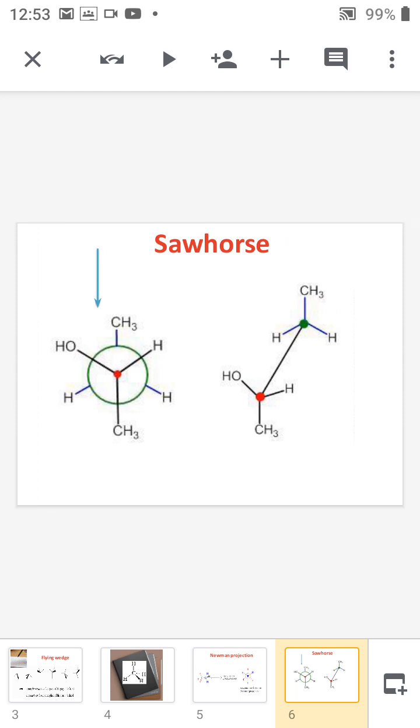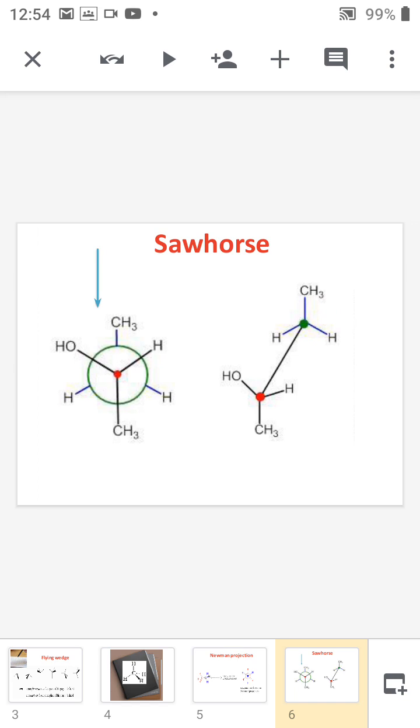So similarly in the Fischer projection formula, we can represent the hydrogen, OH and CH3. See here in the Newman projection formula, the OH group is on the left hand side. So similarly in the Sawhorse representation, the OH group is on the left hand side. And hydrogen is on the right hand side. So similarly we have to represent the hydrogen on the right hand side of the Sawhorse representation.